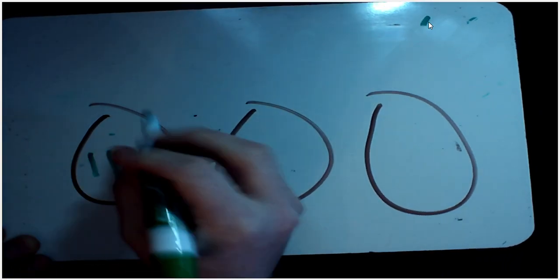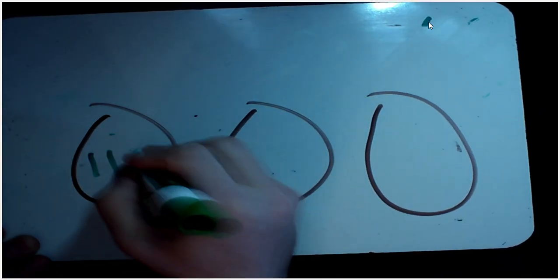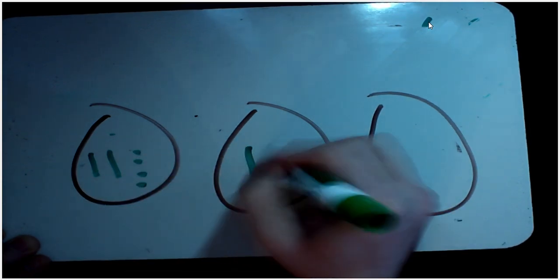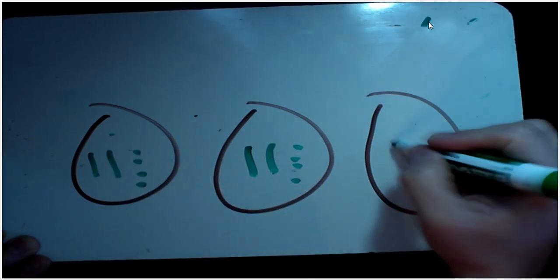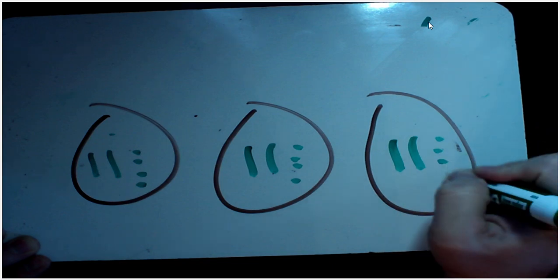So you're going to see some problems in today's lesson where they give you a question like this one. They're going to give you three groups, three ovals like that, and in each oval they're going to put an equal number of base 10 blocks.